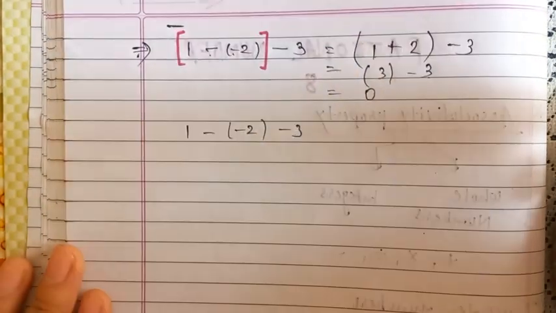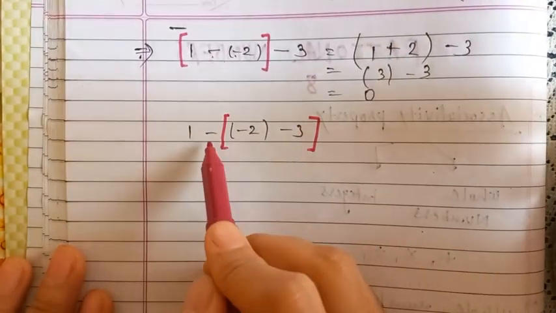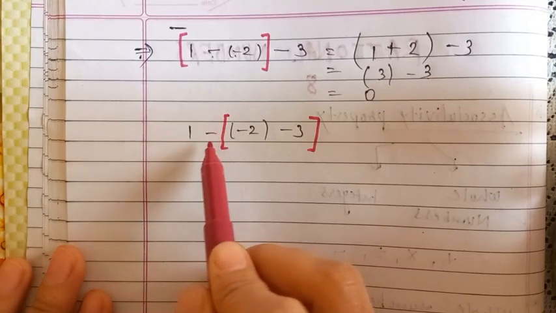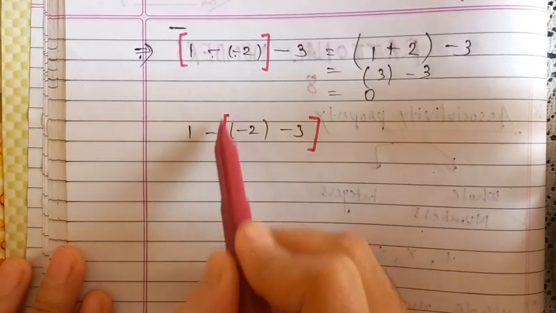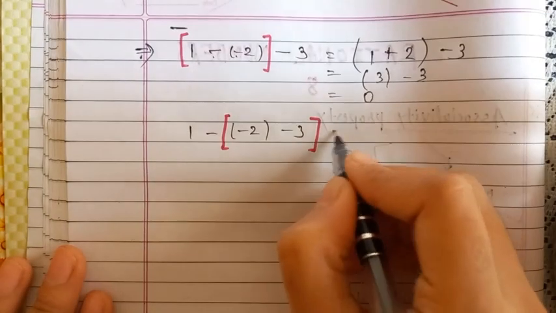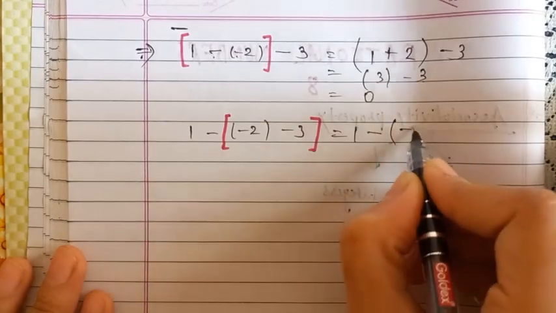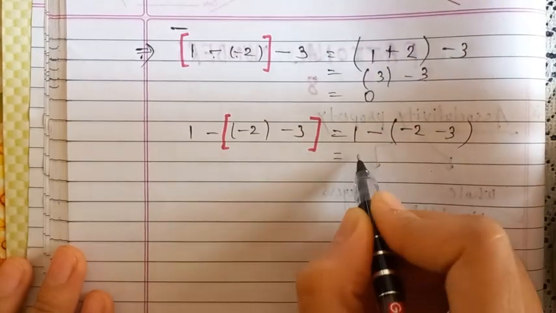Now make another group, and this sign will not be in this group. So 1 minus, now we have two negative numbers.